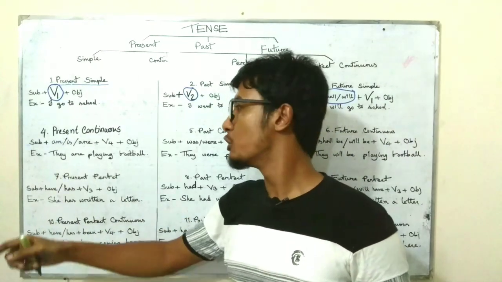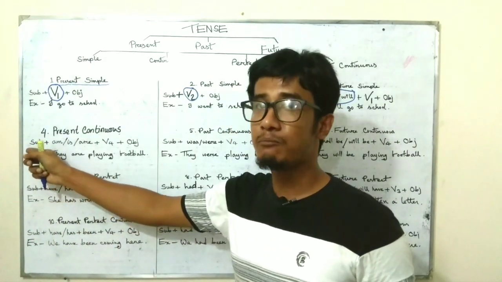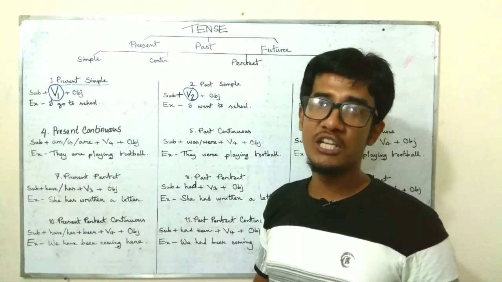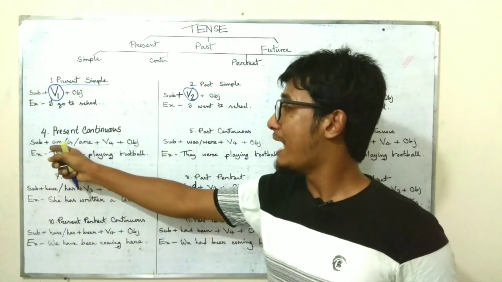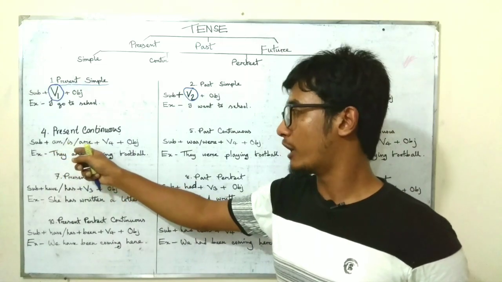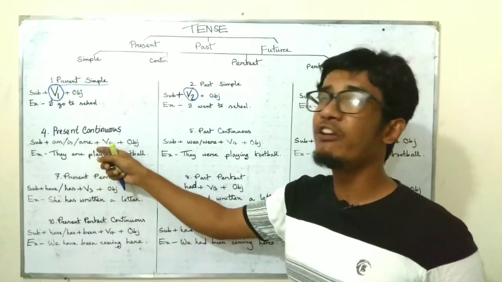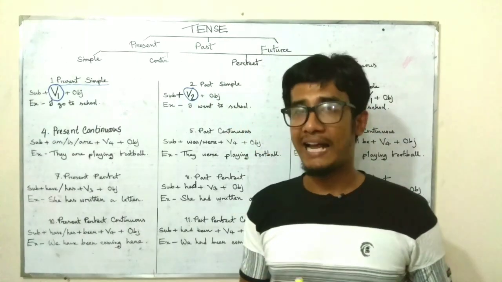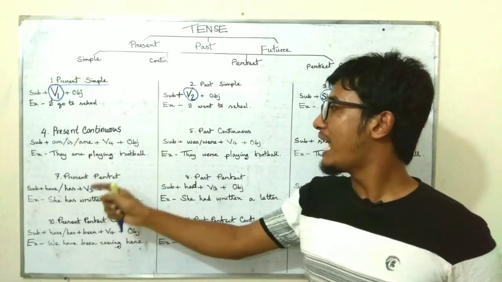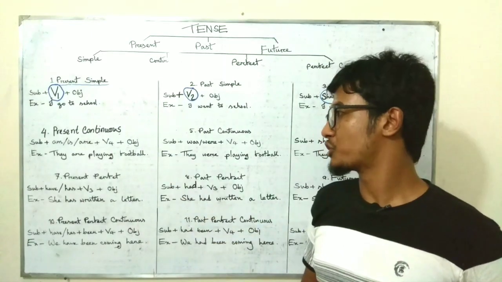In present continuous, we begin with a subject, and then we give auxiliary verbs, and the auxiliary verbs used here are am or is or are, and after that we give V4, and V4 is basically verb plus ing, the present participle, and then finally an object.